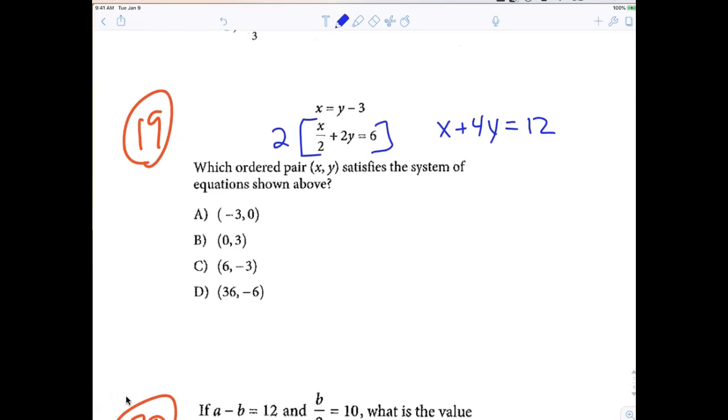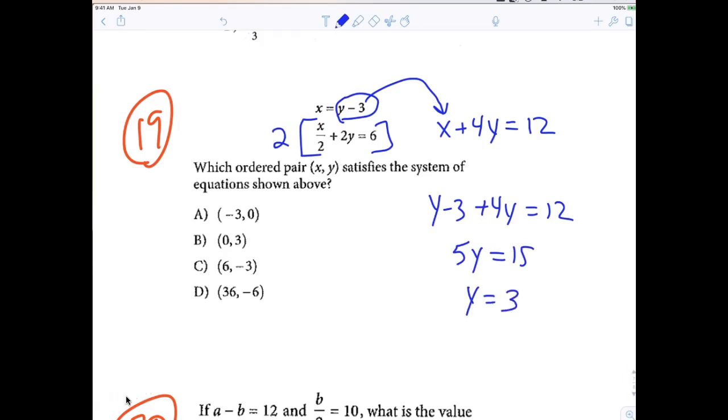And so now I know that x is y minus 3, so I just put y minus 3 in for x. So now y minus 3 plus 4y equals 12. 5y equals 15, so y is equal to 3. Now for this problem right here, do I have to go any further? No, because what does it say y is? It says y is 3. The only one with a y value of 3 is B. Everybody okay with that?